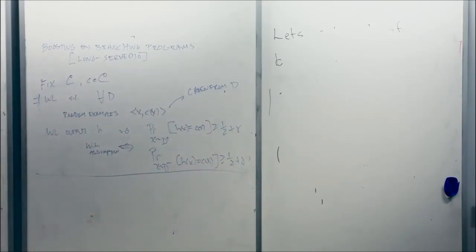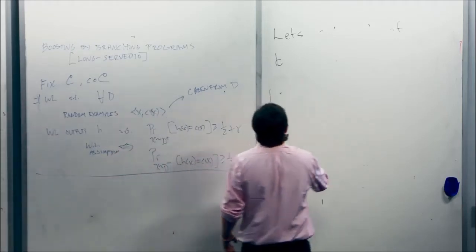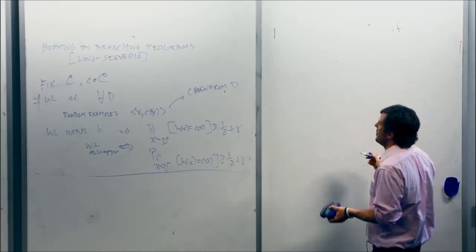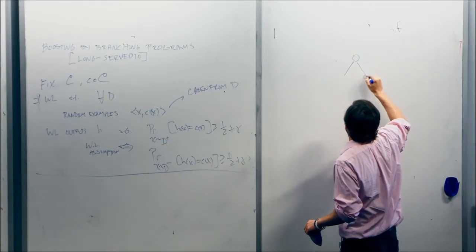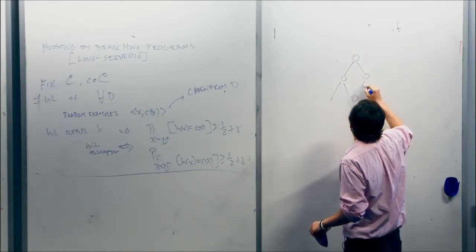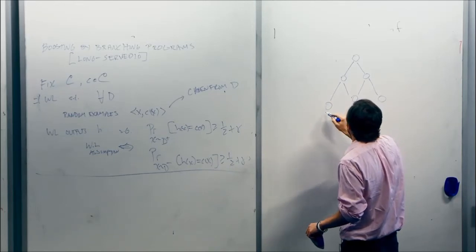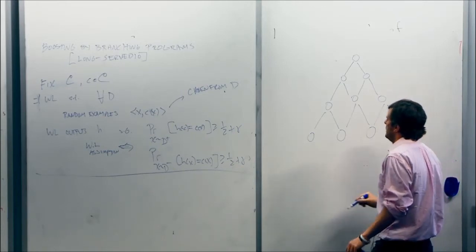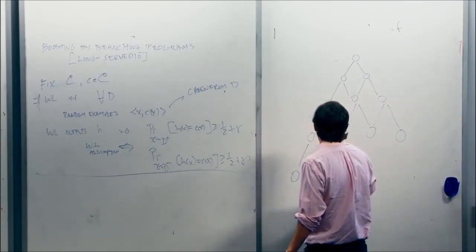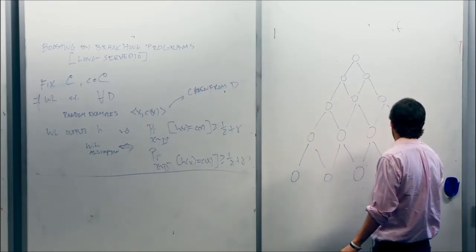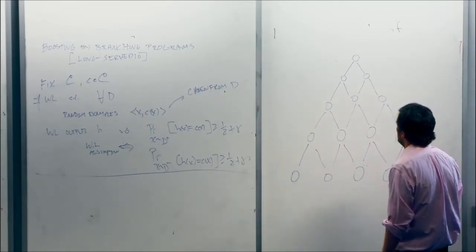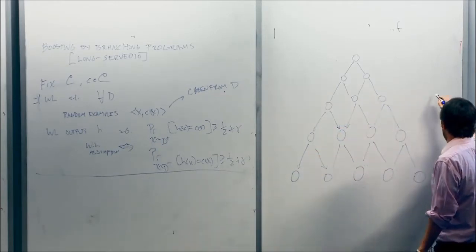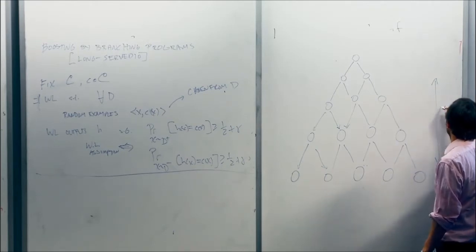Okay, so the algorithm, maybe I'll draw it over here. The first thing the boosting algorithm is going to do is draw a branching program. Strictly speaking, it's just drawing a graph at this point, and it's going to do this for capital T levels.